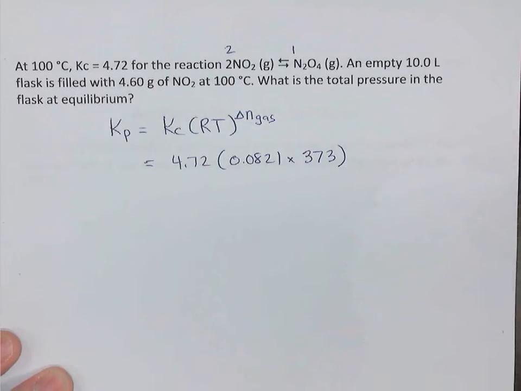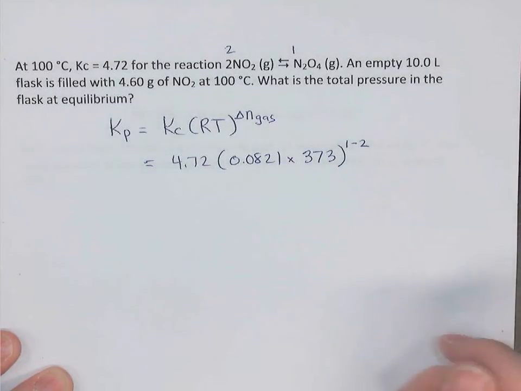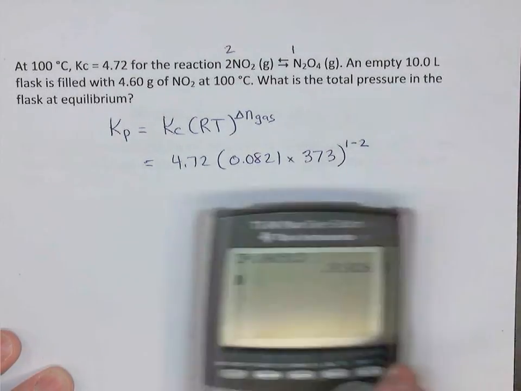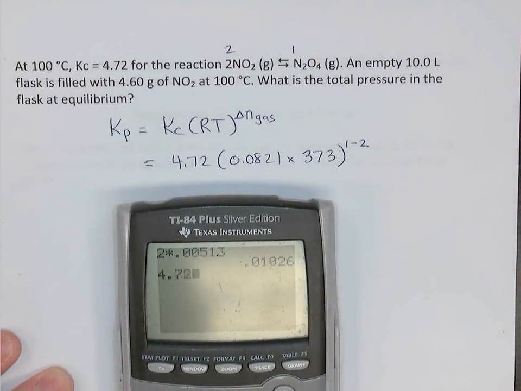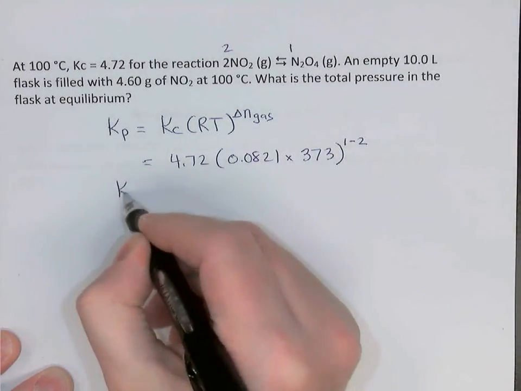So the change in moles is 1 minus 2, the final minus the initial. So grabbing a calculator, 4.72 times bracket 0.0821 times 373, close bracket, and then raised to the power of -1 equals 0.154 is the Kp value.